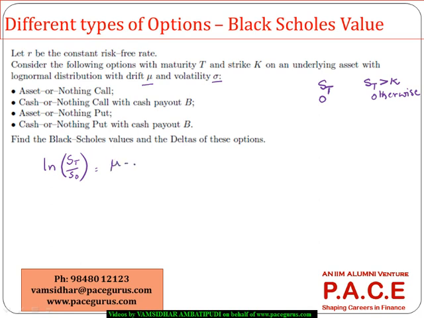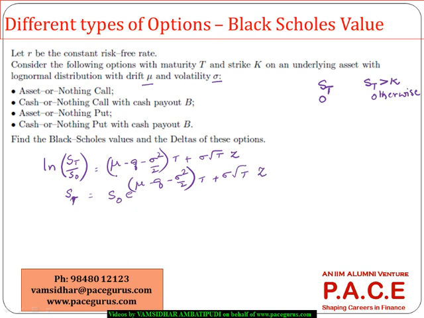I am saying it is (mu minus q minus sigma squared by 2) times t plus sigma root t Z. So from here I get ST directly as S naught into e to the power of (mu minus q minus sigma squared by 2) times t plus sigma root t times Z.